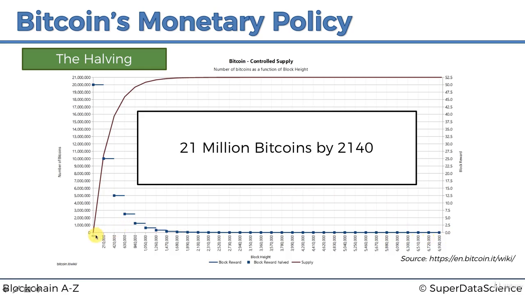Then on the other hand, you have the number of bitcoins, the supply. So you can see how many bitcoins are going into the system. So there's 210, 420. So every square here is about 4 years, if you think of it that way.